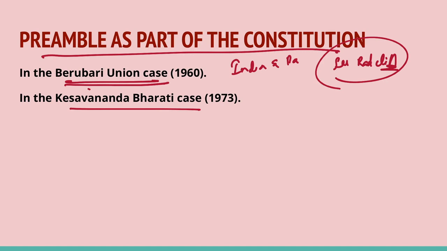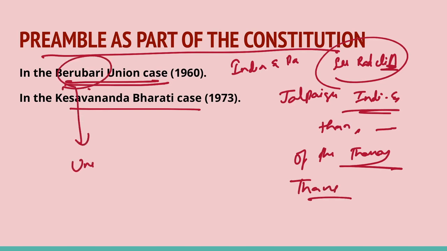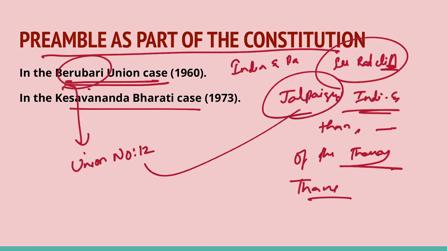Radcliffe had divided the district of Jalpaiguri between India and Pakistan by awarding some thanas to one country and others to the other. The boundary line was determined on the basis of the boundaries of the thanas. In describing this boundary, Radcliffe omitted to mention one thana, Berubari Union number 12, which lies in Jalpaiguri Thana and which was awarded to India.